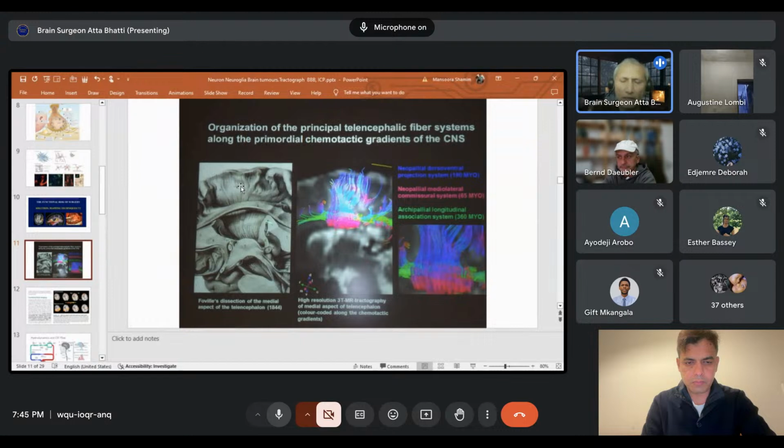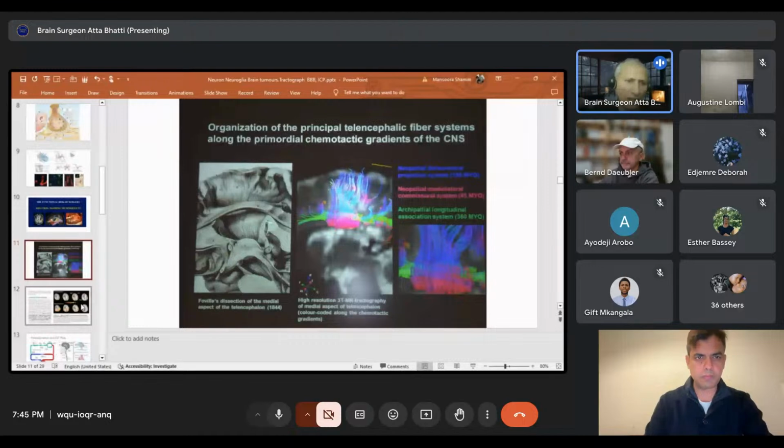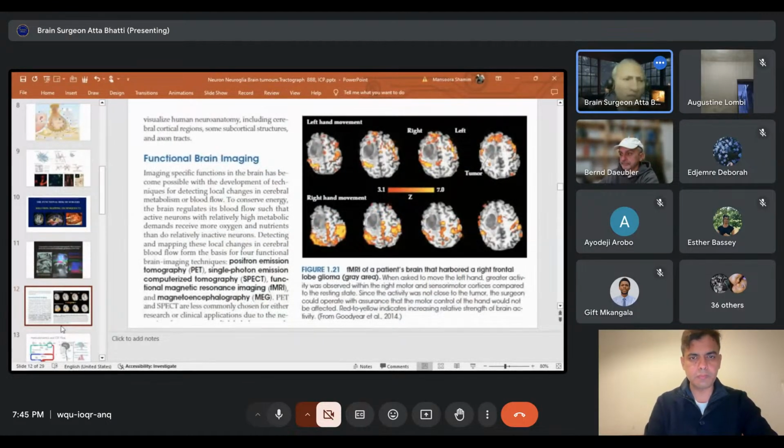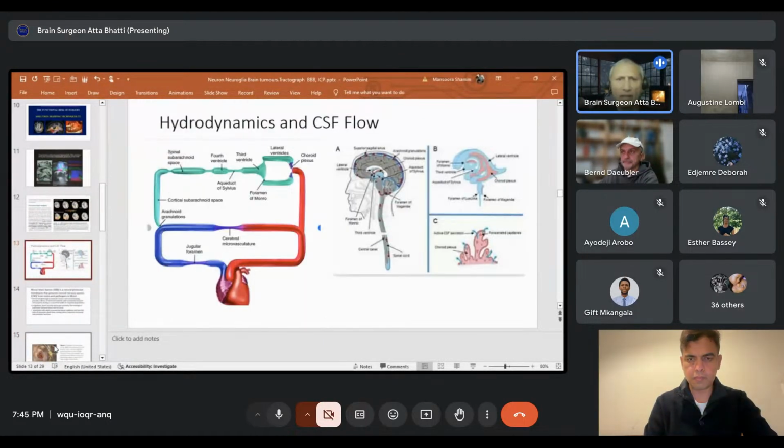As we recall, they connect one part of the gyrus, or one part of the hemisphere, and within the hemisphere there are many association fibers. The small U fibers are an example. The commissural fibers are the corpus callosum, anterior commissure, posterior commissure. Here we also see the perithalamic areas, the brainstem areas, and this is the mid-sagittal section. So this is again the functional brain MRI.